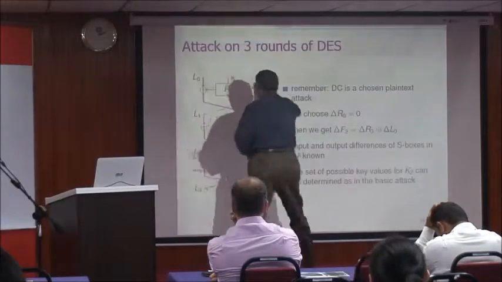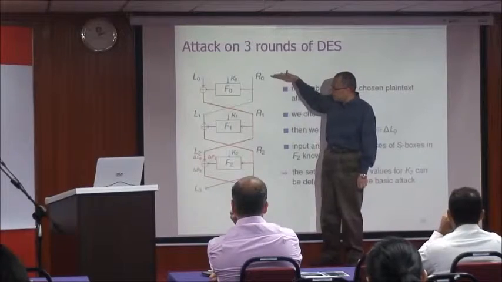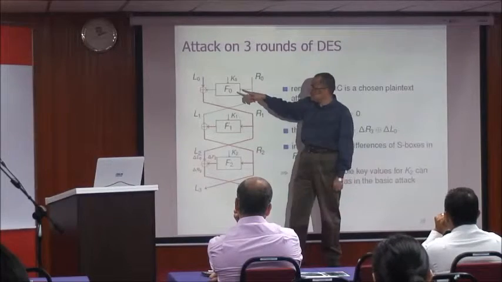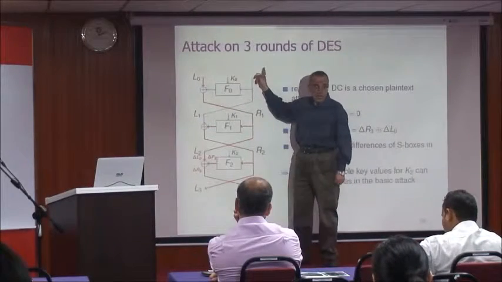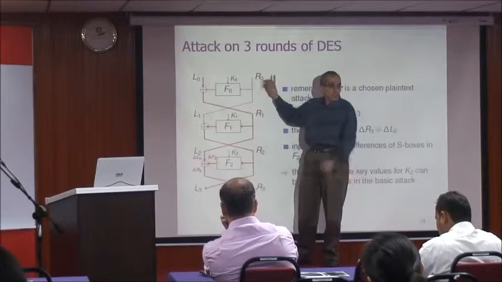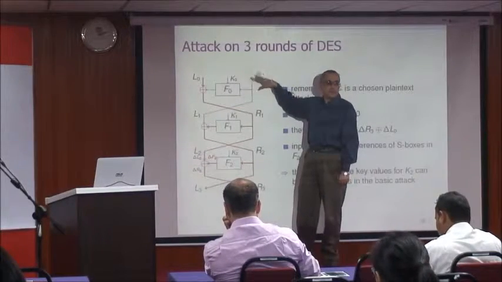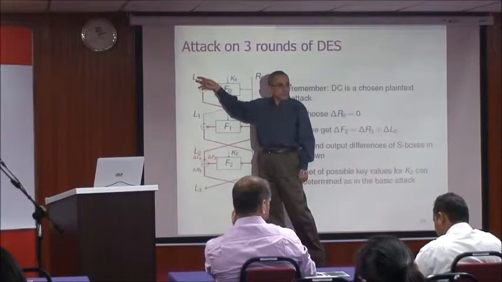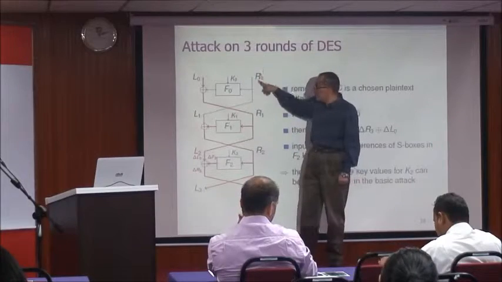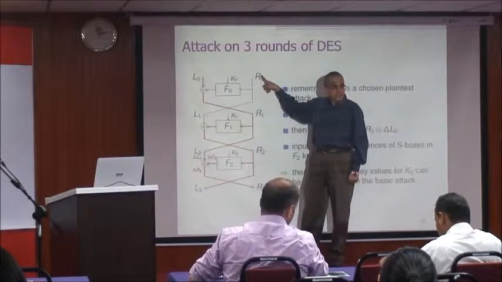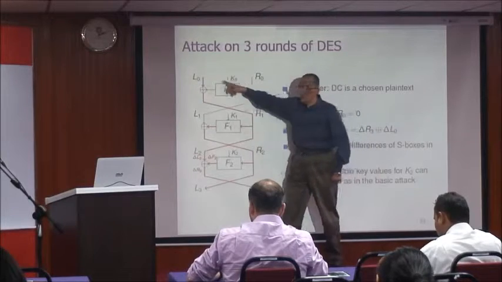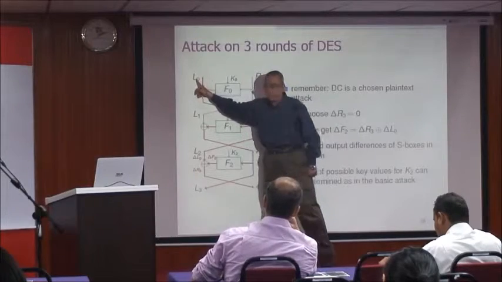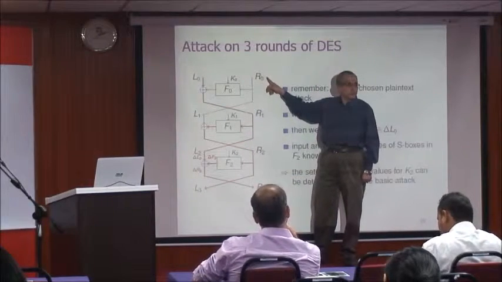So suppose I start my plaintext with L0 and R0, and then I have another plaintext which is L0', but here I don't change the plaintext on one side. So I have 2 sides. One side I keep the same in the pair of plaintexts, and the other side I'm going to have a difference in it. So there is 0 difference on this side, and here I have a non-zero difference: delta L0, but delta R0 is equal to 0.